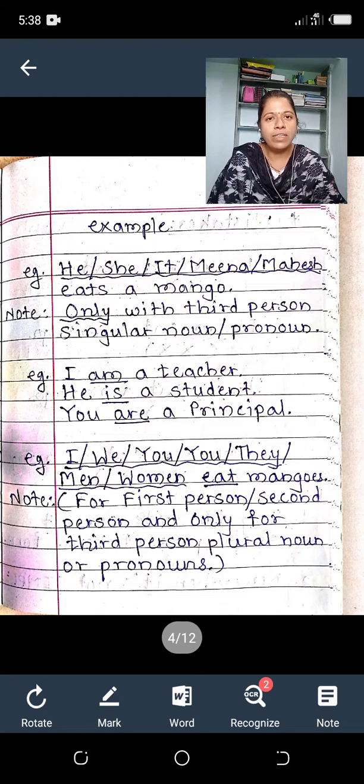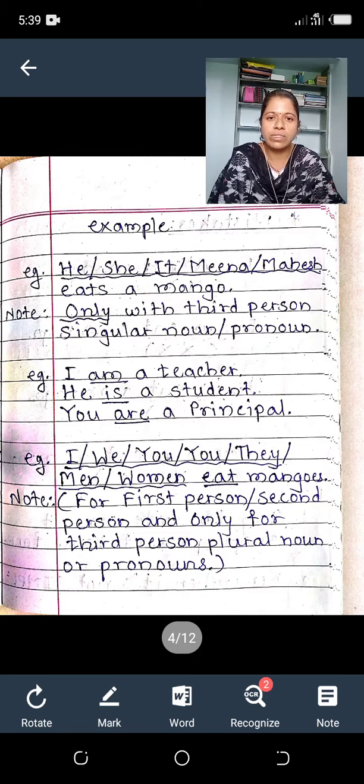And when in the subject phrase these first person singular or plural, second person singular or plural, or third person plural nouns or pronouns occur, then you have to use the original form of the main verb in simple present tense. See for example, I eat a mango. We eat mangoes. They eat mangoes.